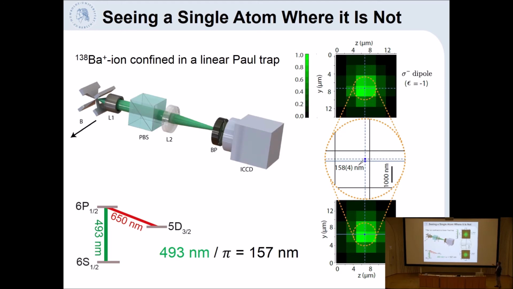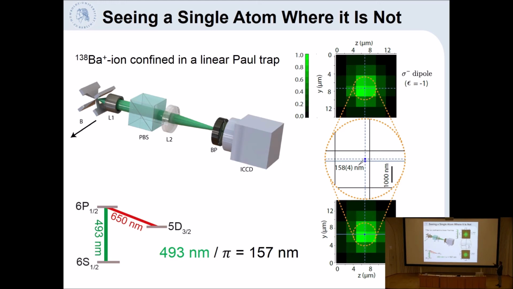And here you don't see it by eye because the pixels are relatively large. However, take my word for it that using these techniques of centroid fitting, when integrating for long enough and having a stable setup, which is challenging, you can determine the position of the ion to better than 10 nanometers.